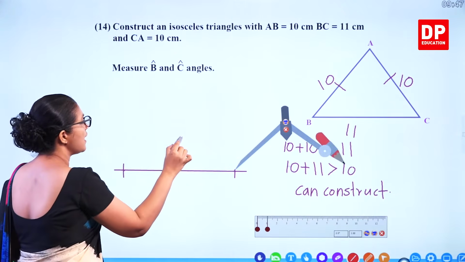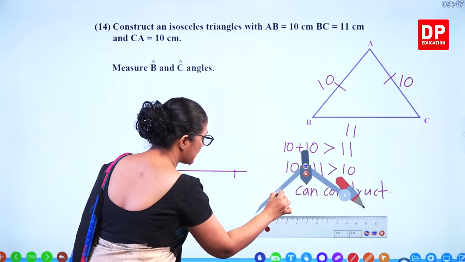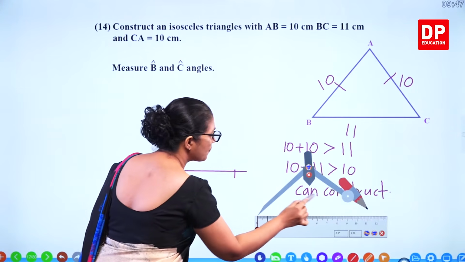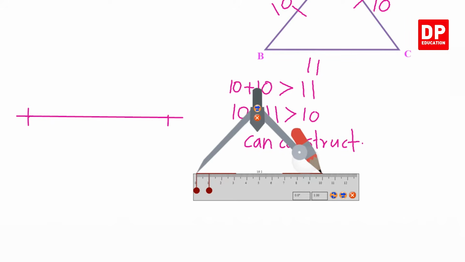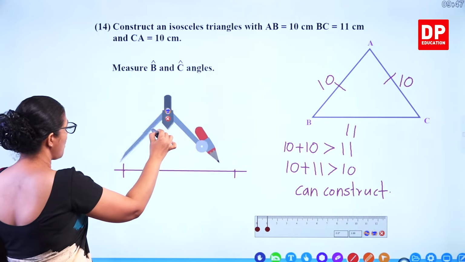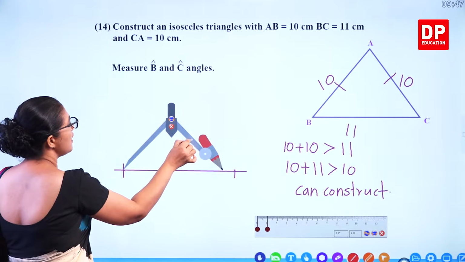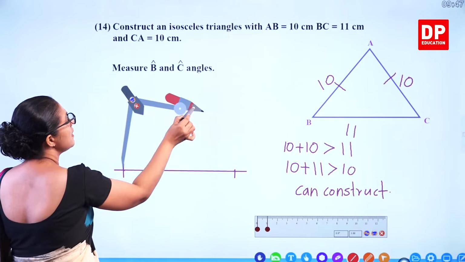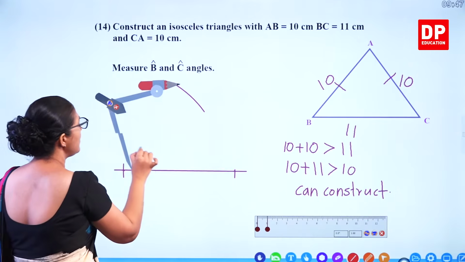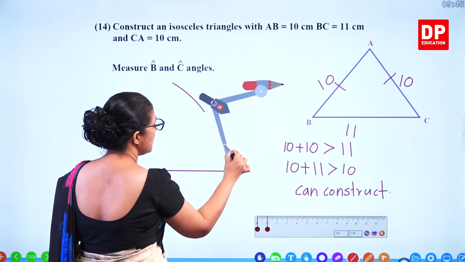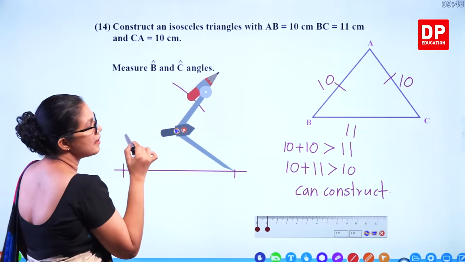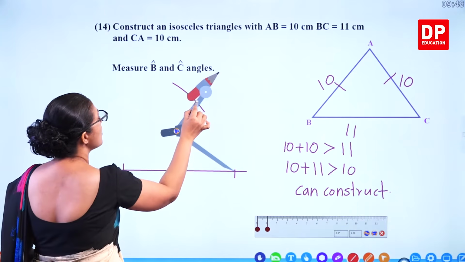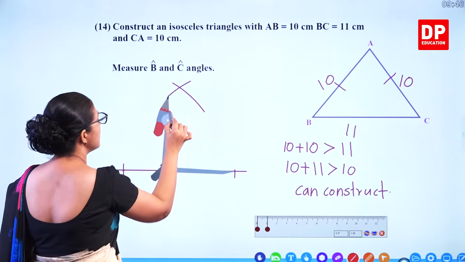Now you need to take 10 centimeter length. Keep the compass on top of this point and draw an arc in the middle, somewhere here, and take the compass here with the same length. AB and AC are the same length, so you can mark the other arc here.